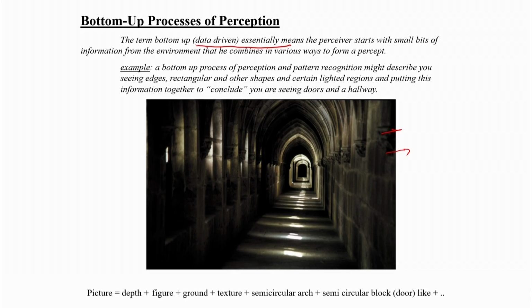In contrast to it, the top down process will look at this particular picture and compare it with something that you have seen before, and will try to match up.